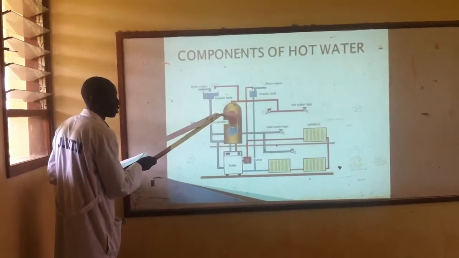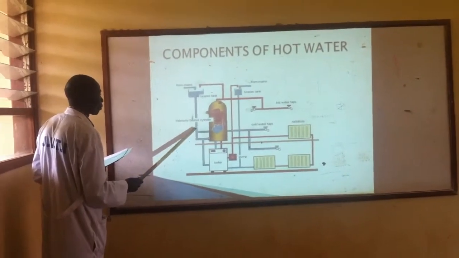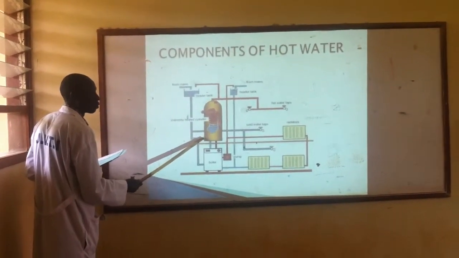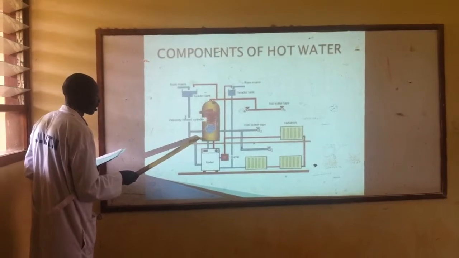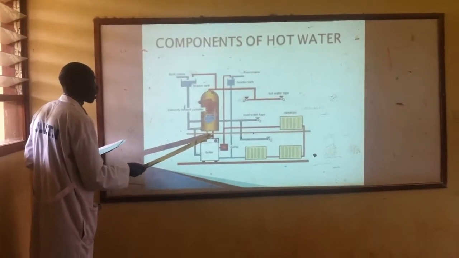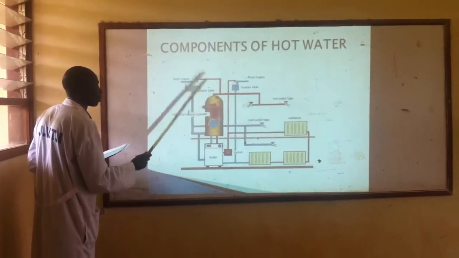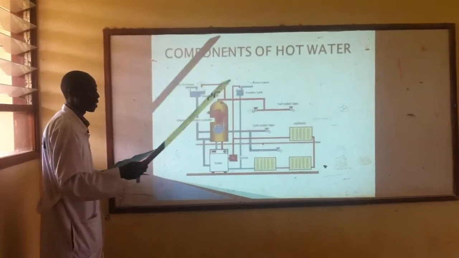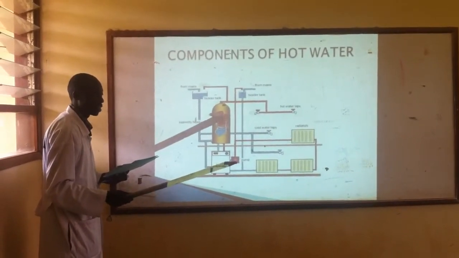We normally call this the coil feed pipe, which will involve a drain within here. Then you find the primary tank and the primary flow pipes in the hot water system.